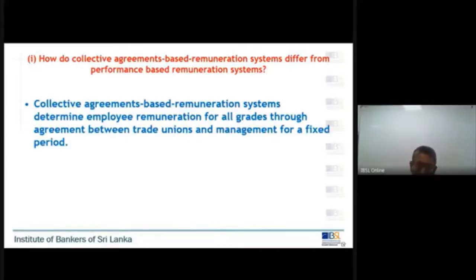In today's context, the fixed period may be every 3 years. They review the remuneration system and come up with a new salary structure. That is the collective agreement between employees and management.